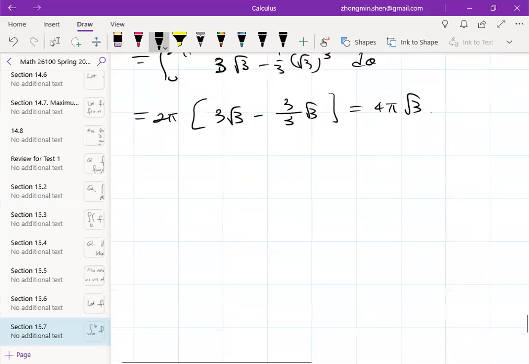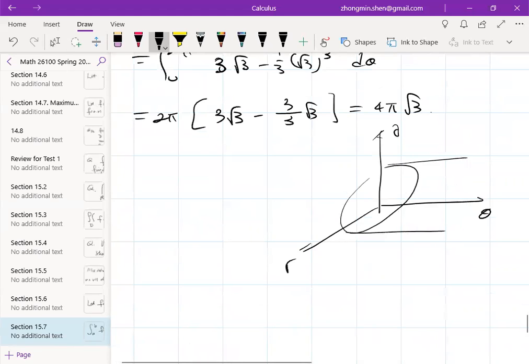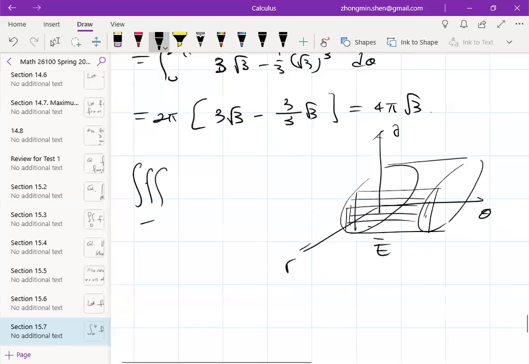So let me draw the picture again. I have a couple minutes. This is r, theta, and z, right? So this is the piece I'm going to cut, the piece I'm going to eat. Suppose you have this triple integral of r dV, right?